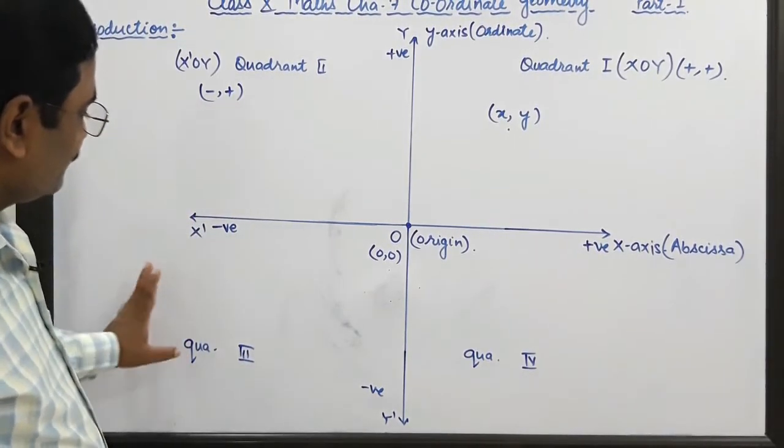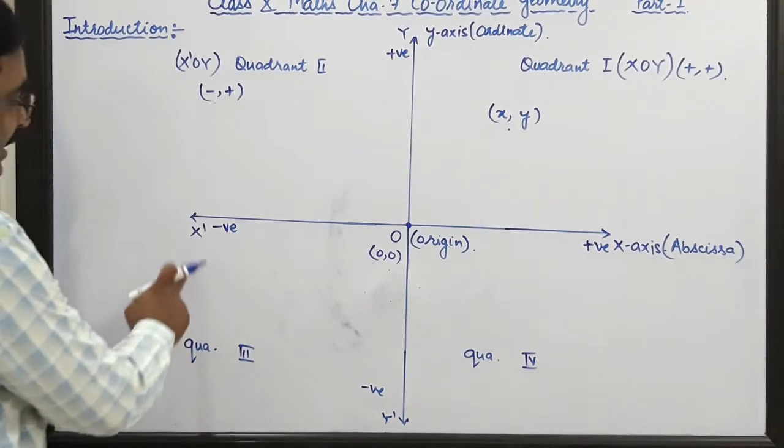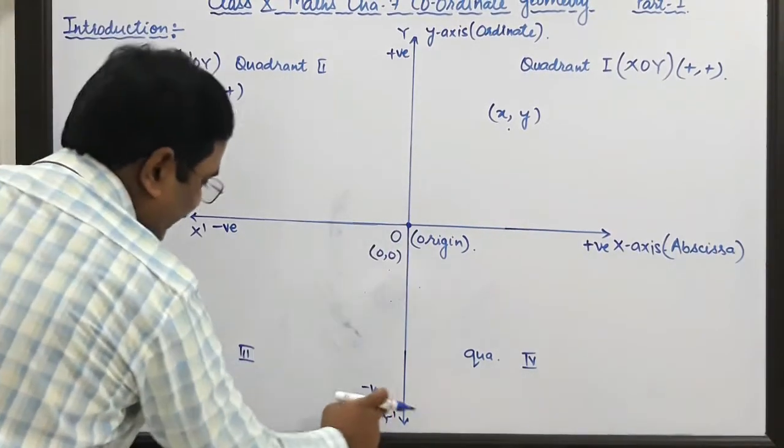Same as the third quadrant, which is called the plane X dash O Y dash.